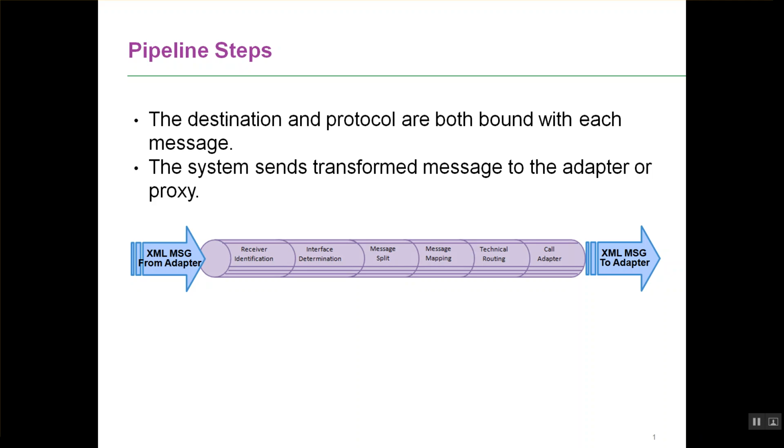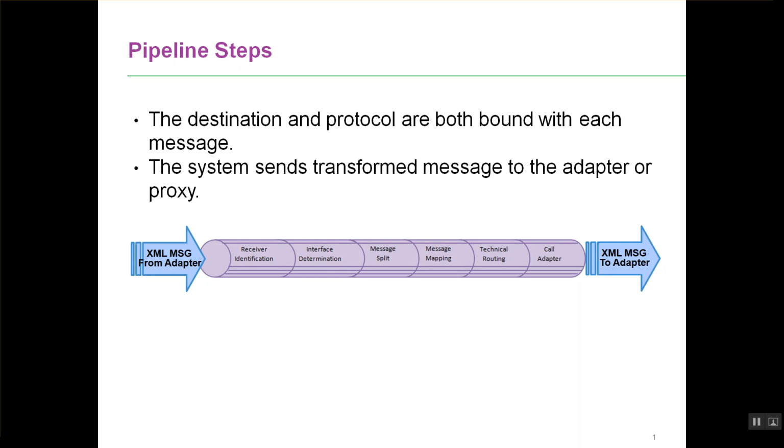Okay, so with that, let me go into full screen mode. The first thing we will look at is the pipeline steps of PI. If you remember the file-to-file scenario, in the integration directory, the objects that we created were a sender agreement, a receiver determination, an interface determination, and a receiver agreement.